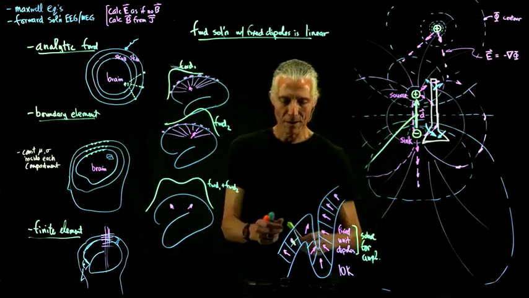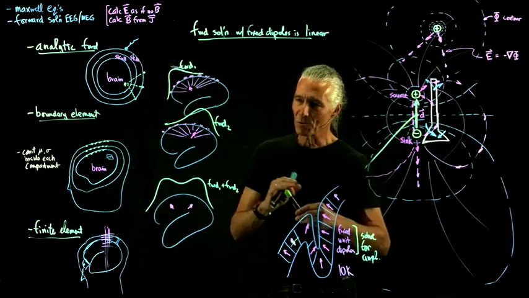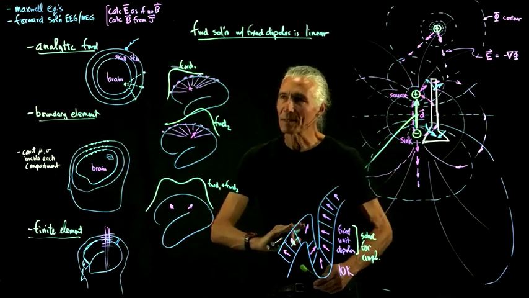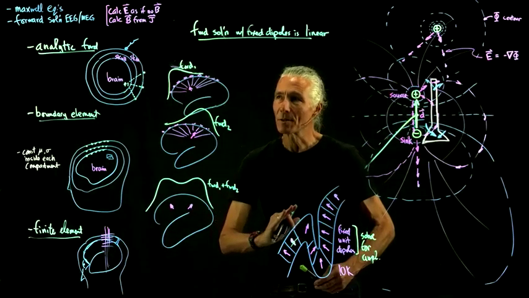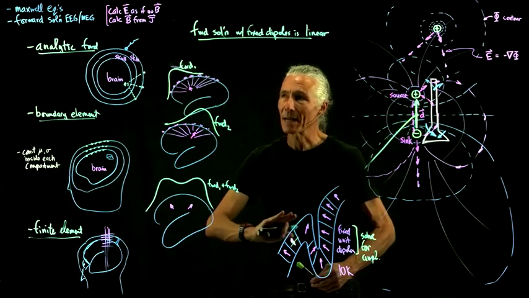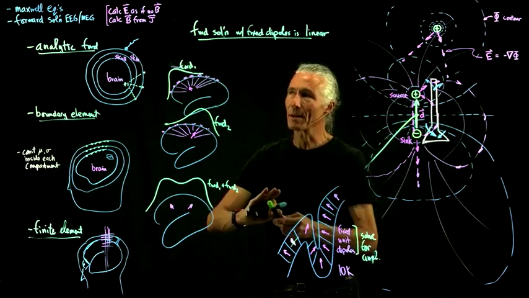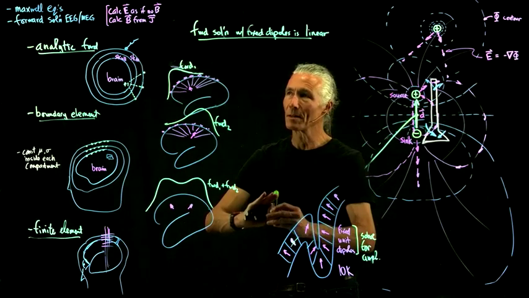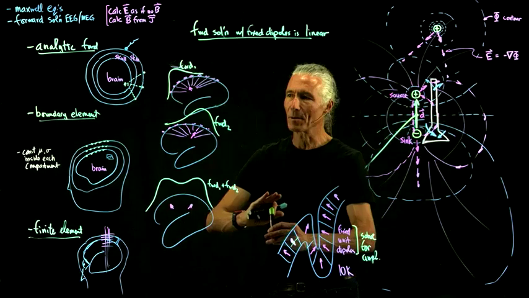So it's going to be perpendicular to whatever that cortical surface is. If the cortical surface is coming up at you this way, then the dipole is going to be perpendicular to that surface at each point.